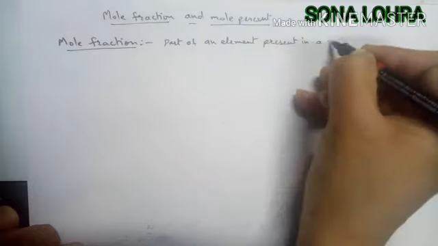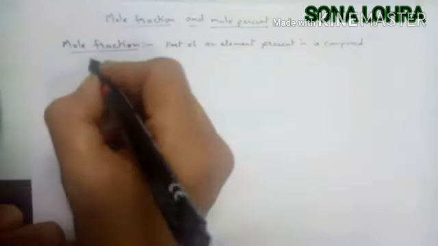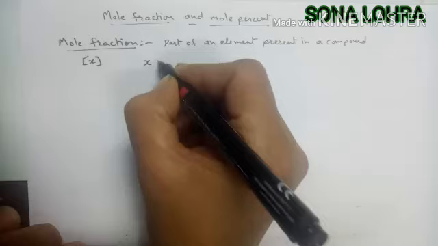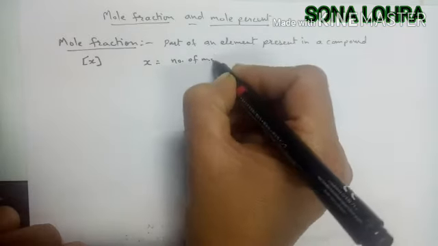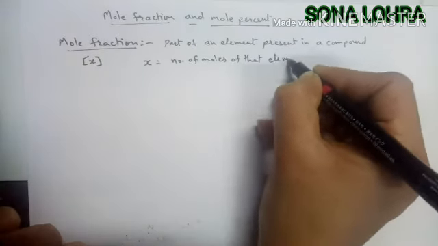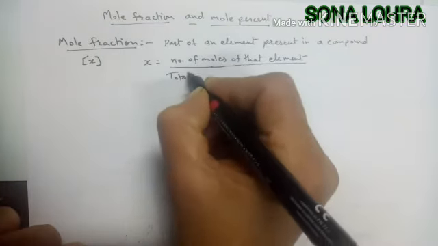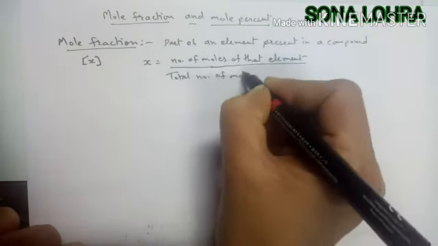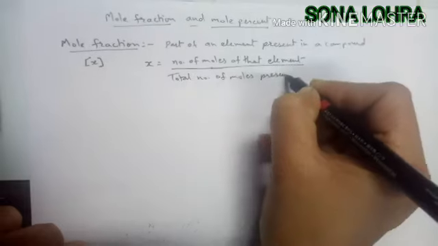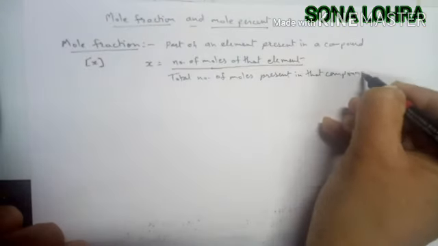It is denoted by small x. Mole fraction is calculated by the formula: number of moles of an element whose mole fraction we want to calculate divided by the total number of moles present in the given compound.